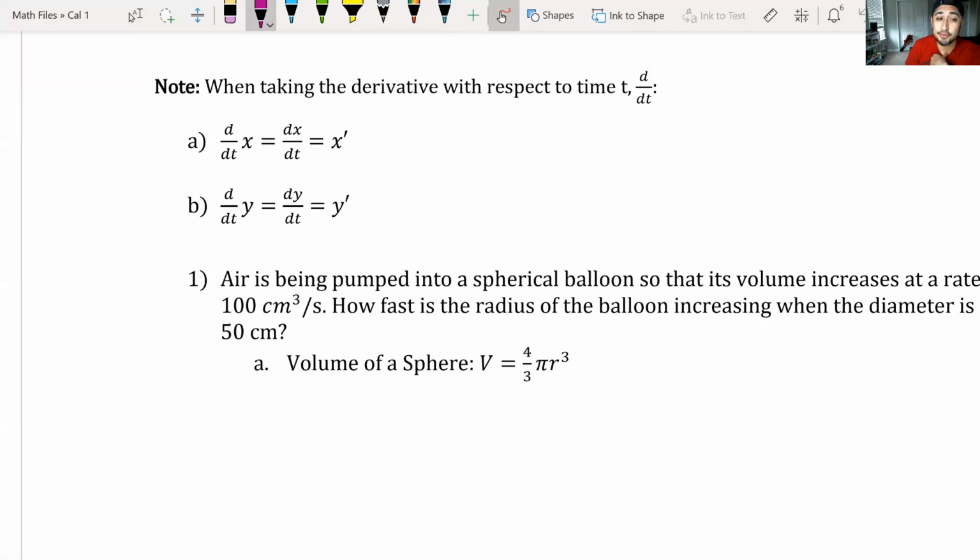Same with y, d over dt of y equals dy over dt, or keep it simple again, y prime. So this is the key we want to reference. So just know that they're the same. dx over dt, the same as x prime, okay?